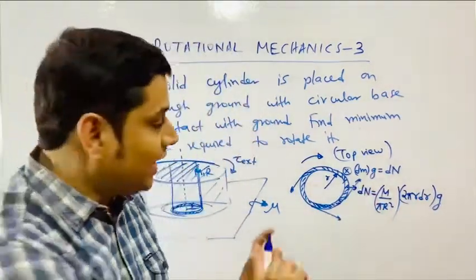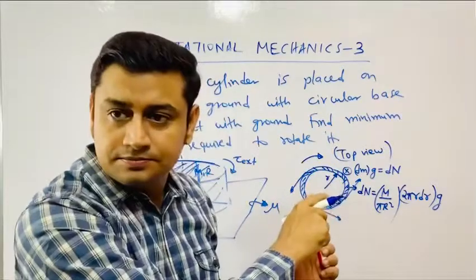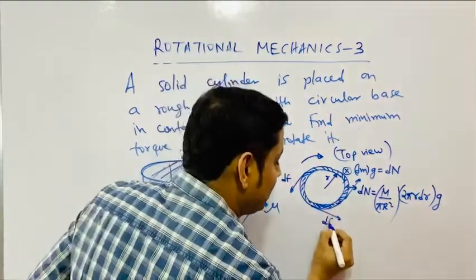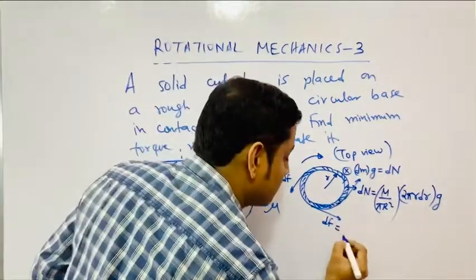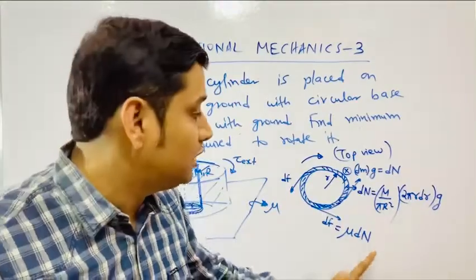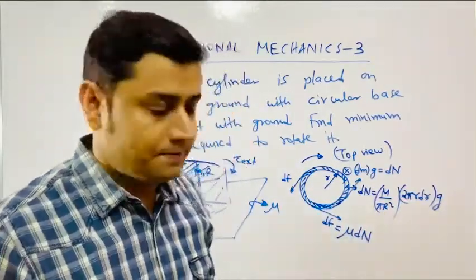Every point is trying to rotate clockwise, so at all points the frictional force should be acting anti-clockwise. This frictional force in the limiting case would become mu into dN, that means mu into this quantity.